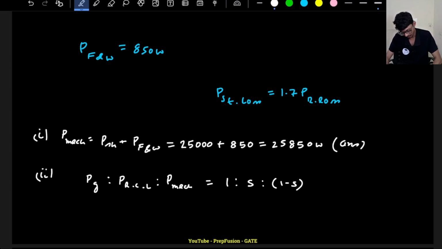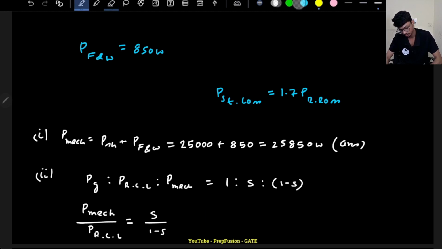So I know the mechanical power. So basically what I can do is the mechanical power divided by the rotor copper loss will be equal to S divided by 1 minus S. Simple ratio thing. So this will be P mechanical, which is 25850.